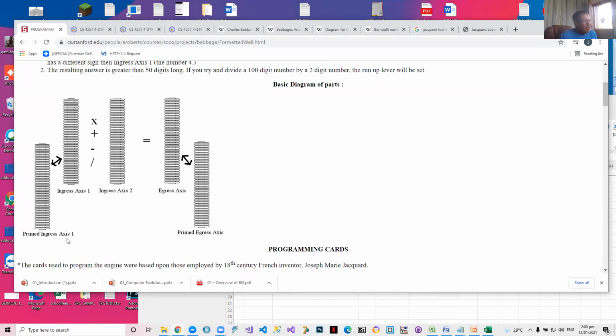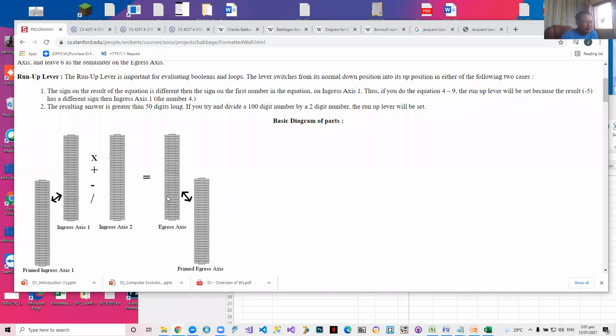So, the mill is a set of rotating wheels. Each wheel is numbered in sequence. It's like an odometer in a car, where each wheel has numbers 0 to 9. In this example, this is a simplified version of the engine where the wheels can store 20 digits, but the actual design was 40 digits.